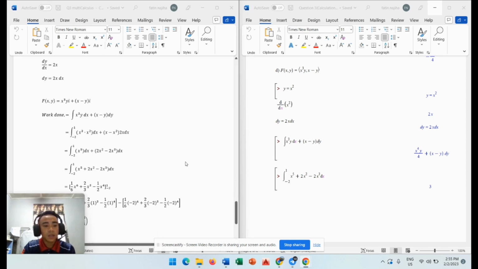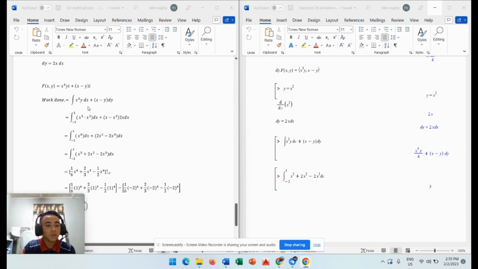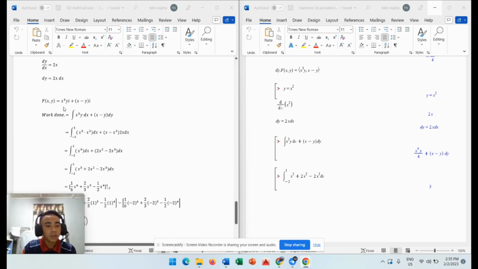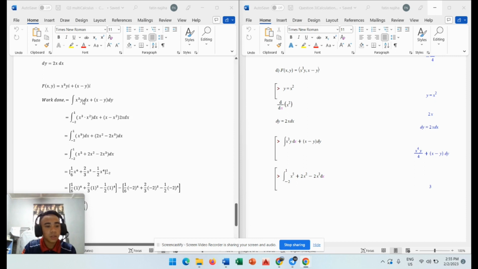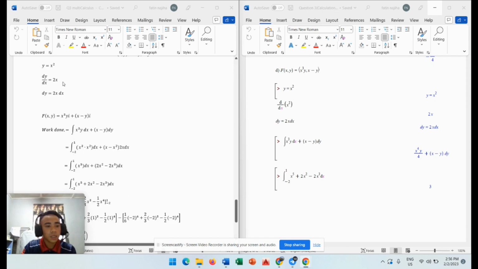After that we need to find the work done by this force, x to the power of 3 y i plus x minus y j. We substitute y as x square, and dy as well.